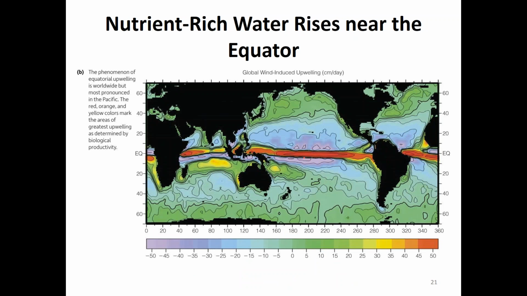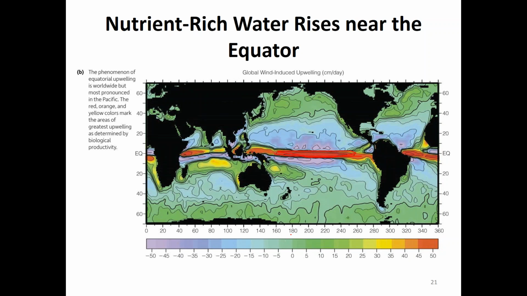And so here we can see a map of upwellings and downwellings in the ocean. This is a map where the color scale represents the vertical component of the flow. The red, orange, yellow colors mark areas of the greatest upwelling as determined by biological productivity. So they actually measure where the upwelling is occurring by the amounts of biological productivity. And you can see there's a lot of upwelling right here.